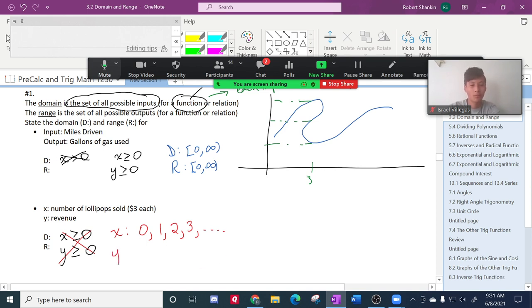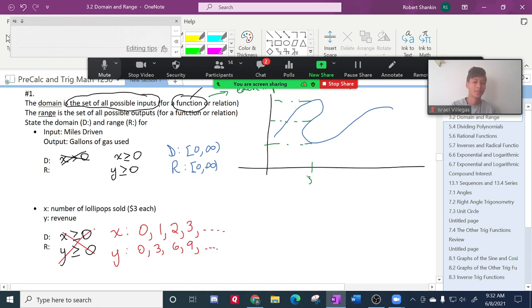And y, Israel, what should I put for the y's? What numbers here? Multiples of 3. Very good. You won't get $4 in revenue. You can get 3 or 6 or 9, but that's it.